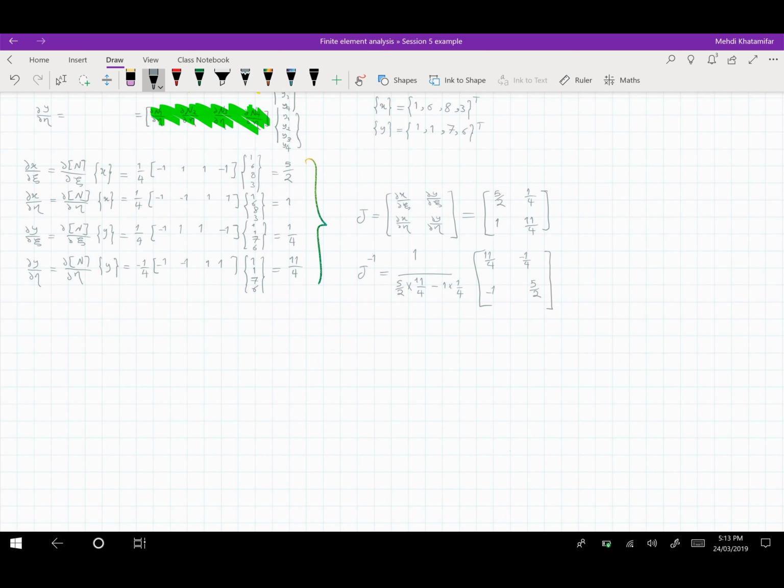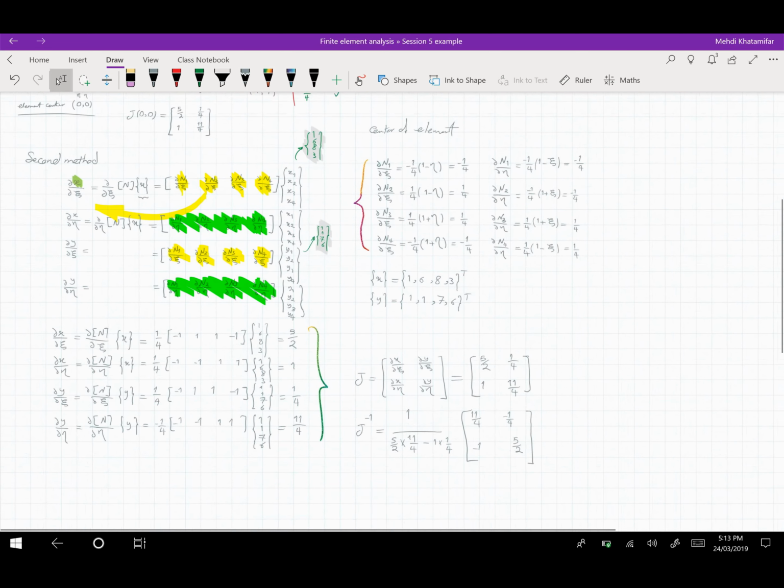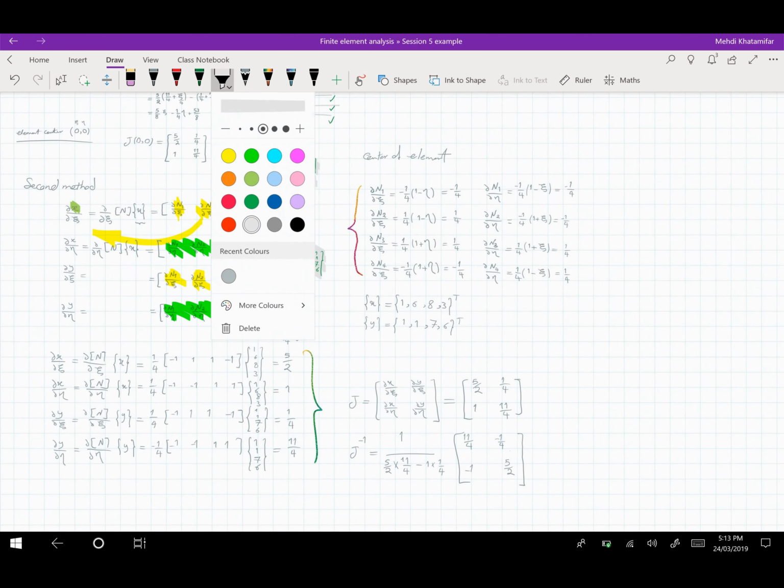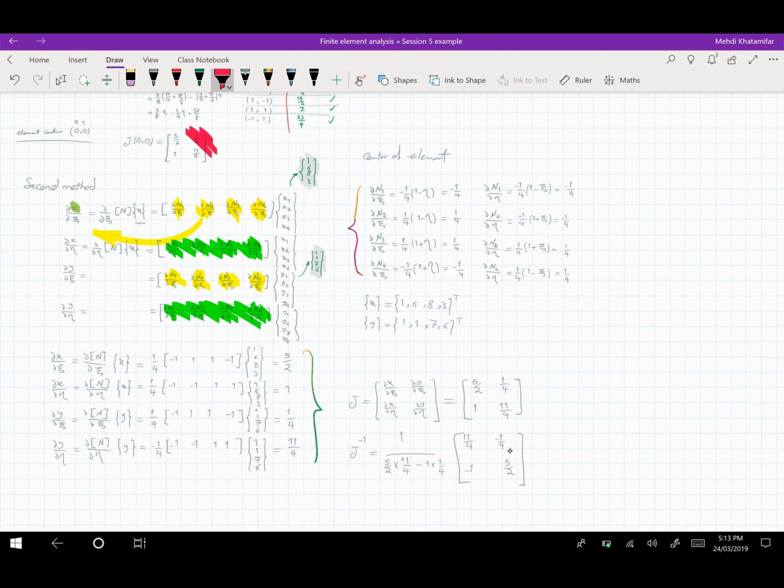Done. So we found the inverse Jacobian. Let's check with the Jacobian we already found. This is the Jacobian we found using my previous method, and this is the one we found with the second method. They're exactly the same. It's too much red, so yeah.